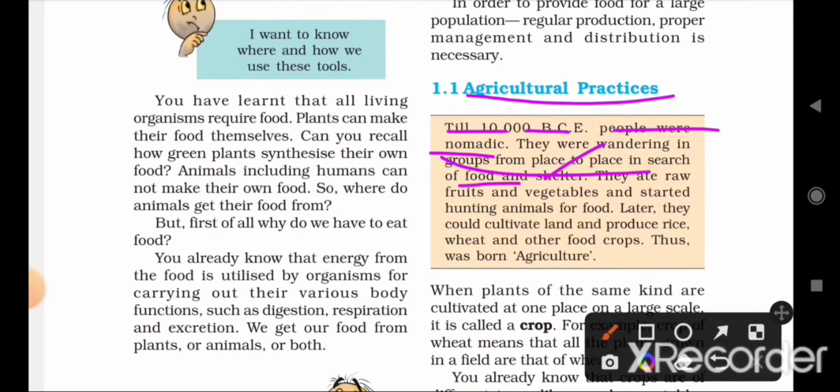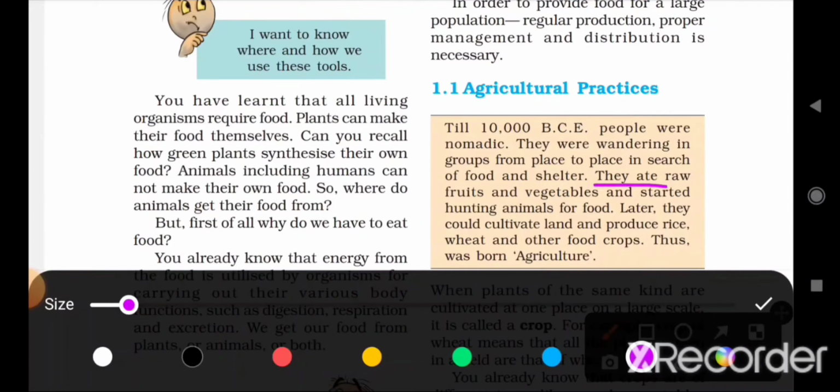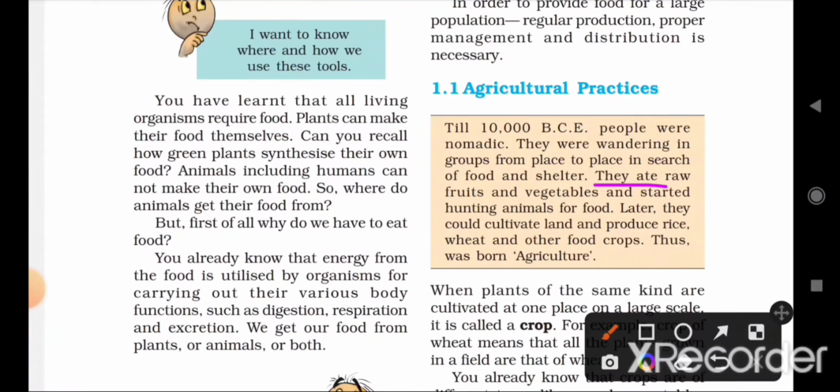They ate raw fruits and vegetables, and later started hunting animals for food. Earlier they ate fruits and vegetables.